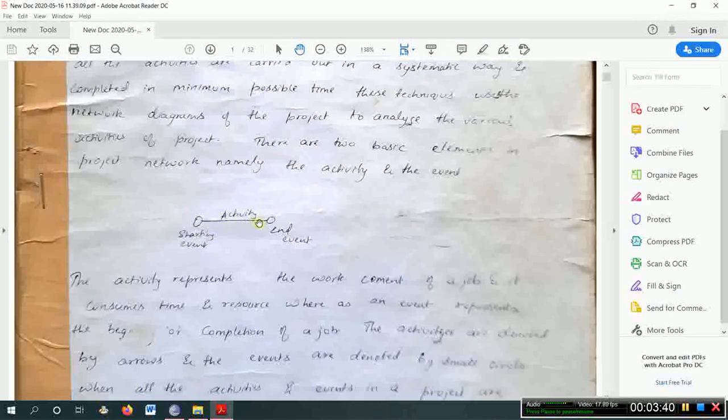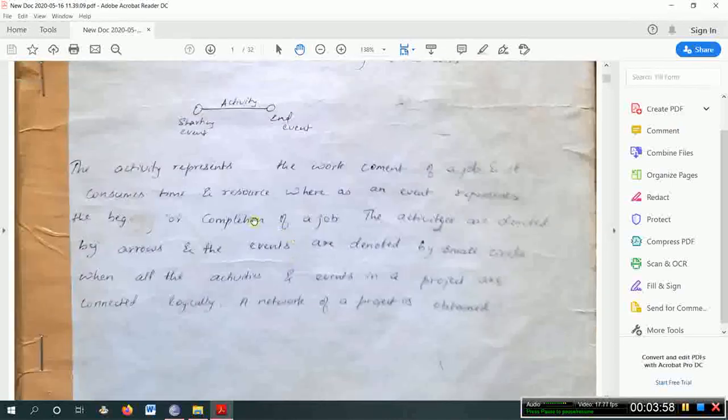An activity has one node at the start and one at the end. The starting node is called the starting event, and the end node is called the end event. The activity's starting time is at the starting side, and its end time is at the ending side. Activity means some work is going on.